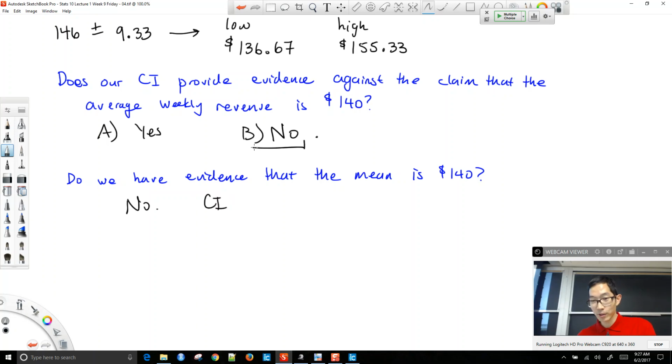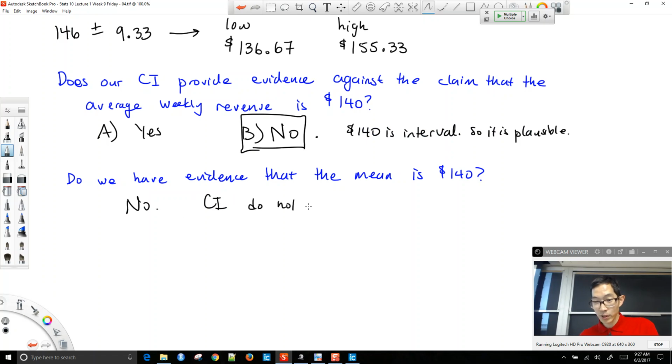So the answer here is no, and you guys all knew that because 140 is in the interval, so it's plausible. Okay, and then no, confidence intervals do not provide evidence that mu is equal to some specific number.